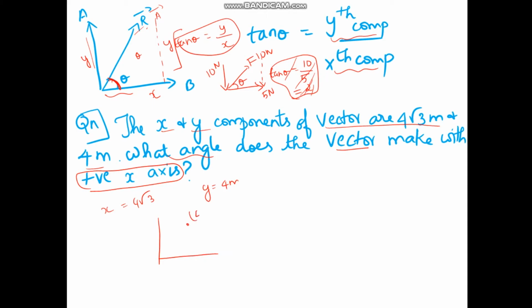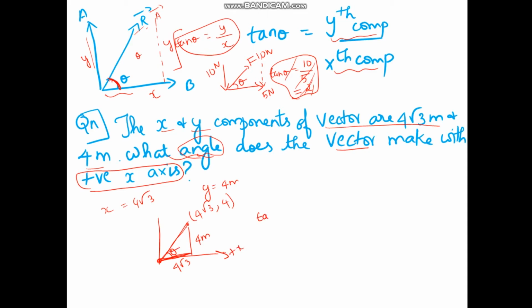Since both are positive, it is in the first quadrant, at 4 root 3 and 4. From the origin I am joining the line, and they are asking what angle it makes with the positive x-axis.